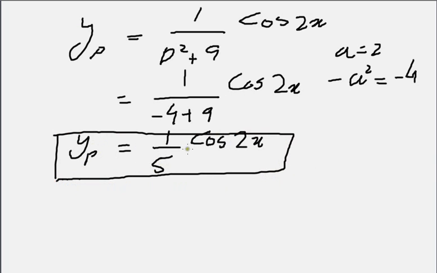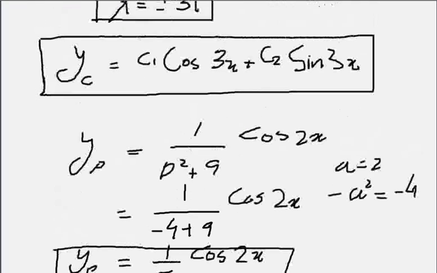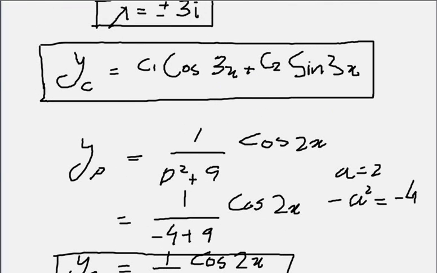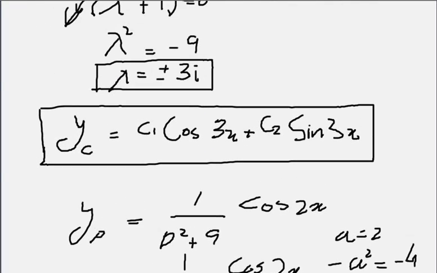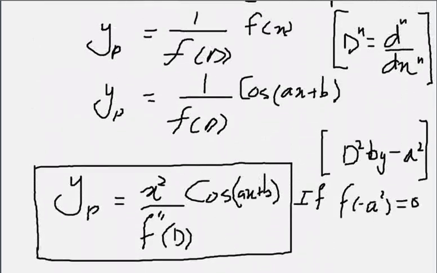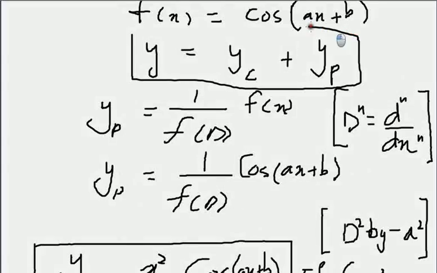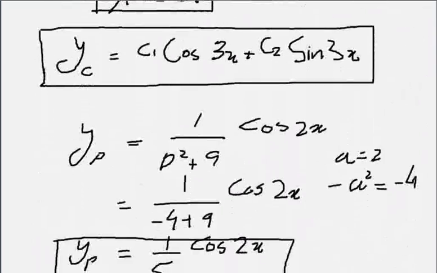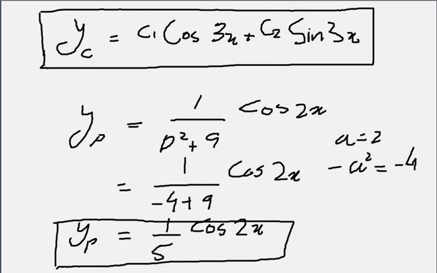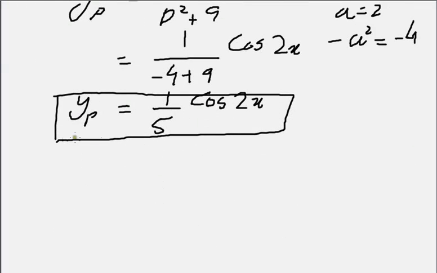We know our particular integral and our complementary function. If we sum up these, we will get our general solution, which is y. So let's add them. yc equals to c1 cos 3x plus c2 sine 3x.